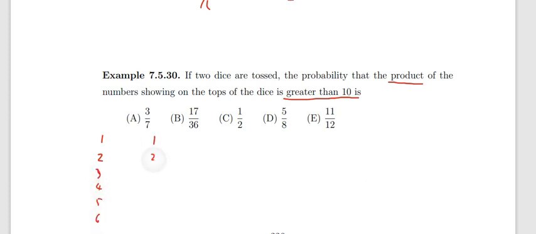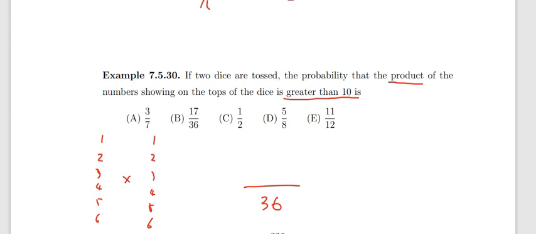The second one could be 1, 2, 3, 4, 5, 6, right? So the product is larger than 10. At first, totally we have 36 cases, 6 times 6.